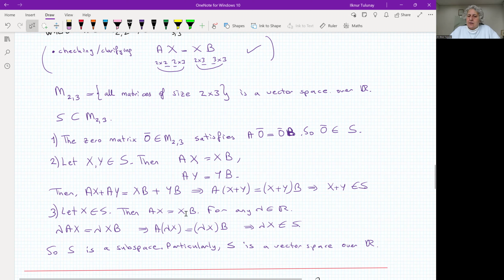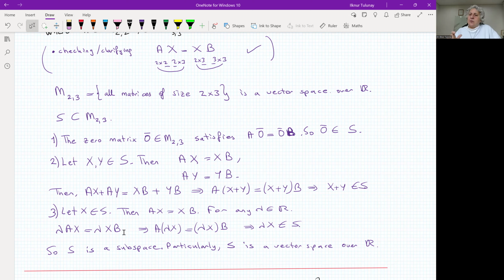it holds that AX is equal to XB by the definition of S. For any lambda in R, we just multiply this by lambda. Lambda is a scalar. A and X are matrices. If you have a scalar multiplying matrices, it means that you're multiplying every entry by this scalar lambda, right?